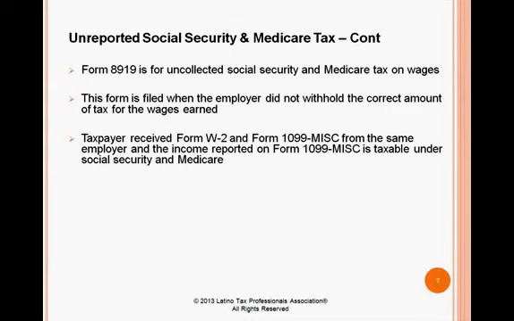For unreported Social Security and Medicare tax that was uncollected, Form 8919 is used to report and calculate that tax on any wages earned on which Social Security and Medicare tax was not collected. This form is filed when the employer did not withhold the correct amount of tax for the wages earned.